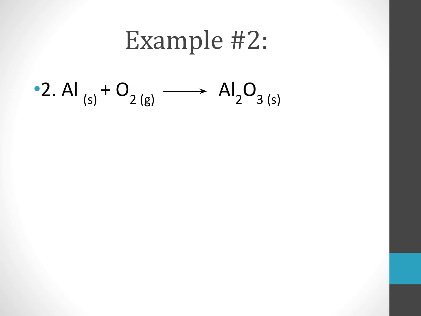Okay, next one, aluminum plus oxygen gives us aluminum oxide. So go ahead and copy this equation down.